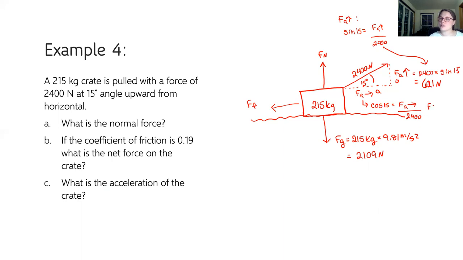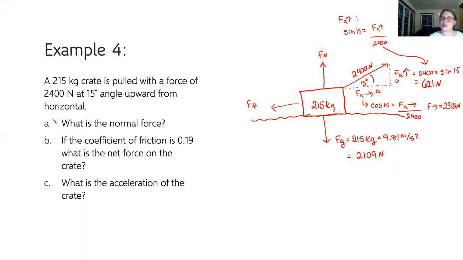I'm going to let you rearrange it and put it in your calculator. The rearranging is exactly the same as what I just did. It's going to be equal to 2,318 newtons. Okay, so most of the pull is going to move the box forward. A little bit of it's lifting it upwards.